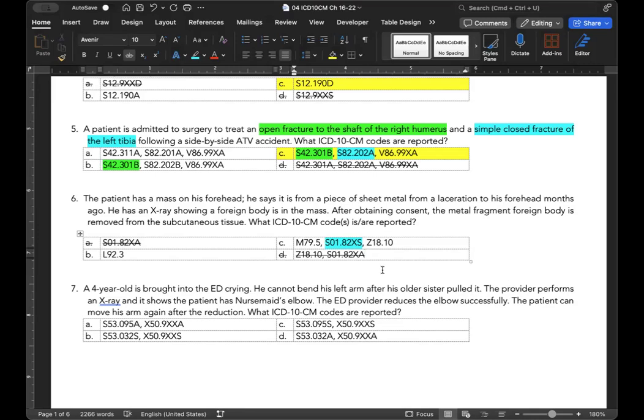Okay, so if you need a little bit more encouragement or confidence, a little bit more support to know that we should not code the acute if you're not 100% sure, then let's go look at this M79.5. Because that's going to tell us whether or not we should use that. M79.5.